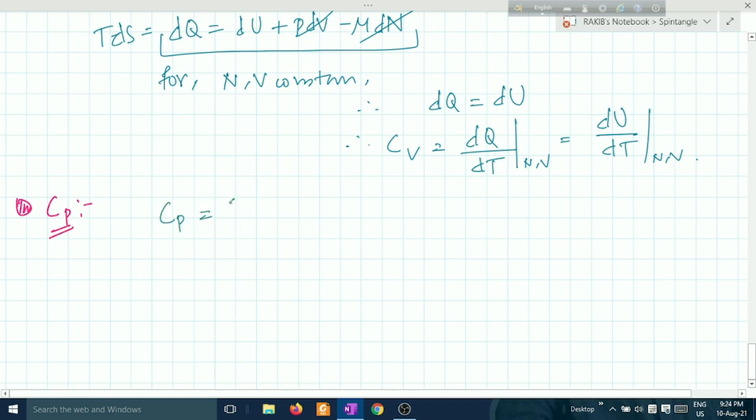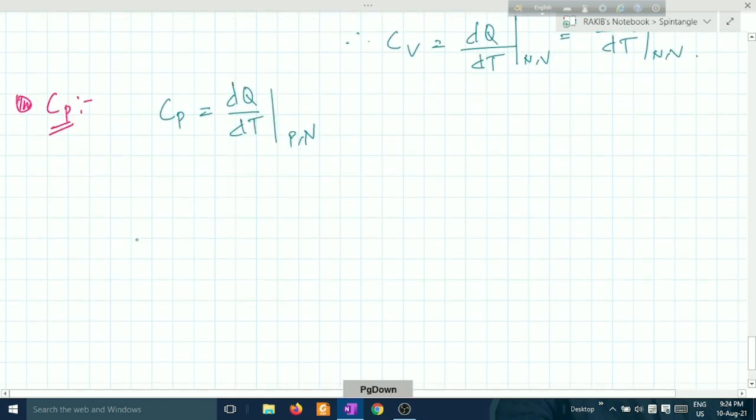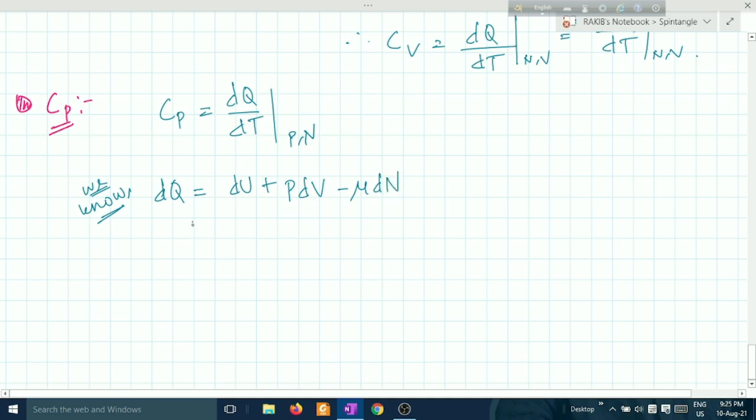In the similar way, Cp is written as dq by dT at P comma N. So going back to the formula again, dq equals dU plus pdV minus μdN.